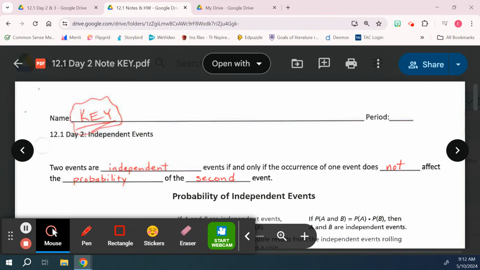Okay, so today, 12-1 day 2, independent events. Two events are independent events if and only if the occurrence of one event does not affect the probability of the second event.